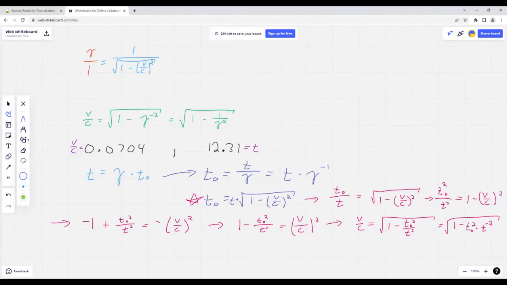So we want to try to use that to calculate some numbers based off of our random dates from before. So I'm going to clear some of this out of the way. The 0.0704 is going to be our proper time, and then the dilated time is going to be the 12.31.